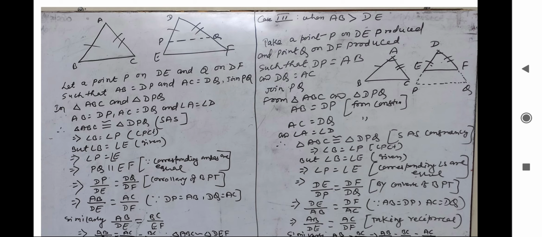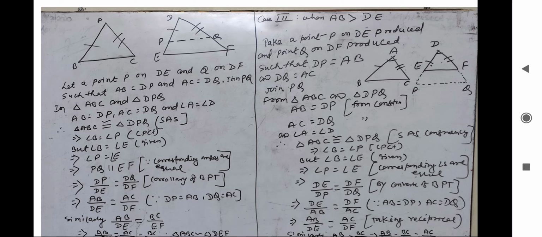This implies angle B equal to angle P, but we have angle B equal to angle E. It means angle P equal to angle E, corresponding angles. So we can say that EF parallel to PQ. So DE by DP equal to DF by DQ by converse of BPT, basic proportionality theorem. That means DE by AB equal to DF by AC, since AB equal to DP and AC equal to DQ.